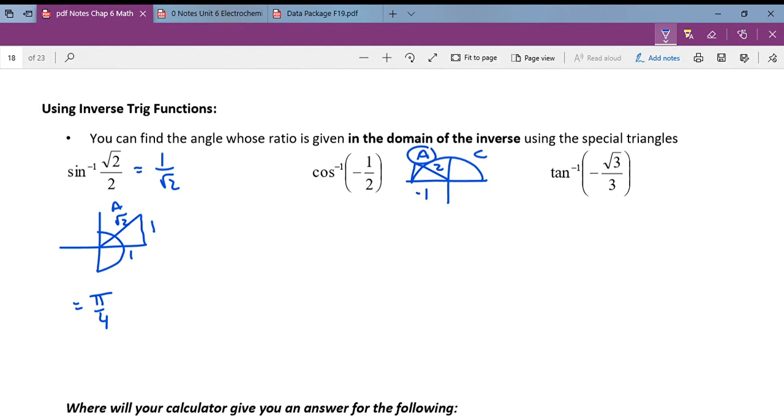And I put a negative here, so it's my 1, 2, root 3 triangle. So the angle in here is going to be pi by 3. Pi by 3 is across from root 3. So my answer would be, in the second quadrant, 3 pi by 3 minus the reference angle, which means my answer would be 2 pi by 3.